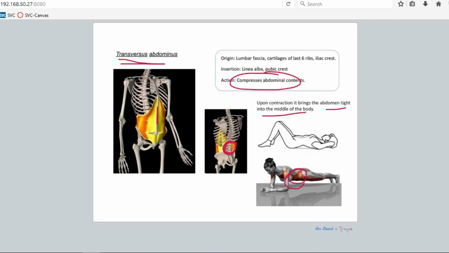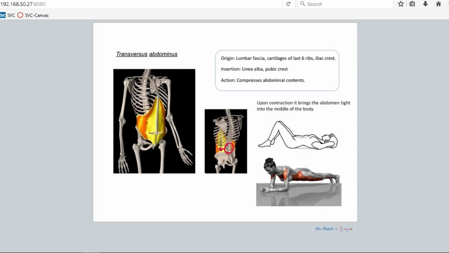Something else I found out about this muscle, I was at a chiropractor the other day, is that the origin is back here on the lumbar portion of the spine, and when the transversus abdominis is strong and healthy, it pulls on the lumbar vertebra like so, and it supports the lumbar curve.